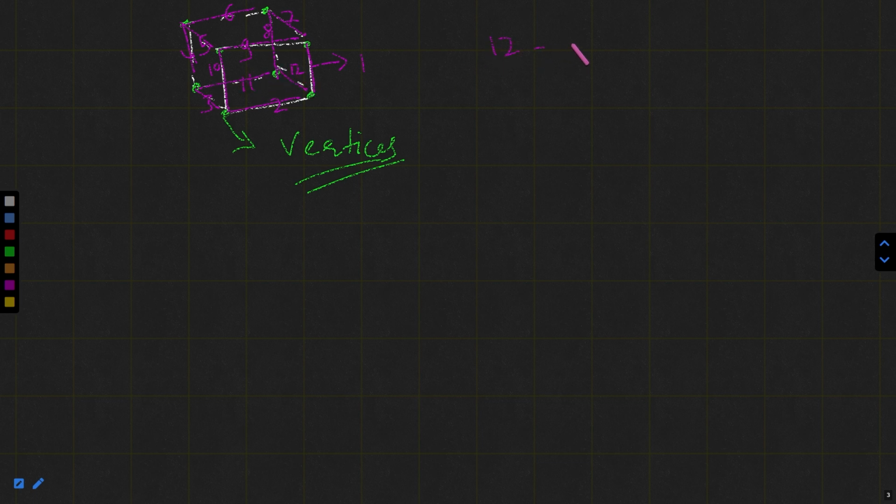So 12 edges, 8 corners, or vertices, and 6 faces. Faces means the flat surfaces or flat rectangles. If you see, there are 6 rectangles.